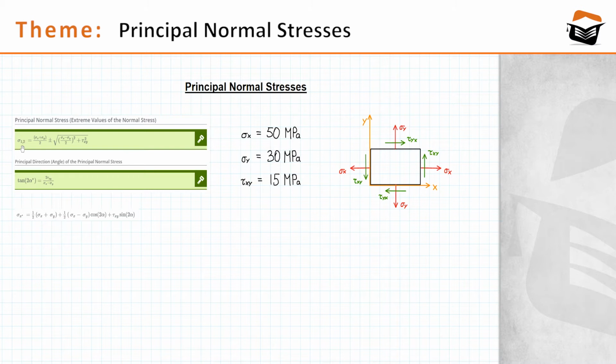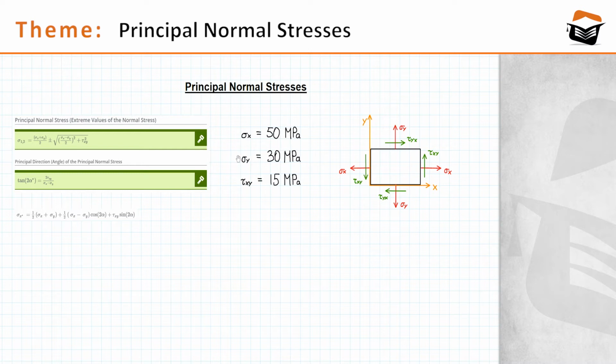Sigma 1 and sigma 2 is equal to sigma x plus sigma y divided by 2 plus minus the square root of sigma x minus sigma y divided by 2, and then the whole thing squared, plus tau xy to the square. Why sigma 1 and sigma 2? Because to each principal normal stress, there's another principal normal stress that is perpendicular to the former one.